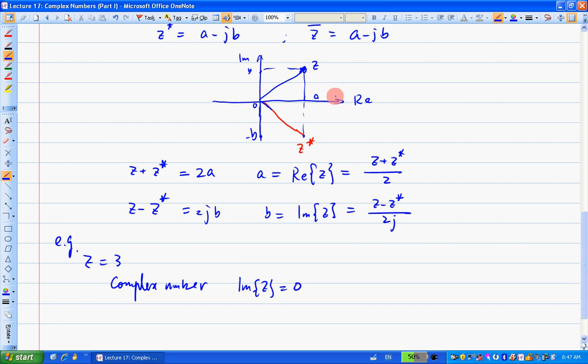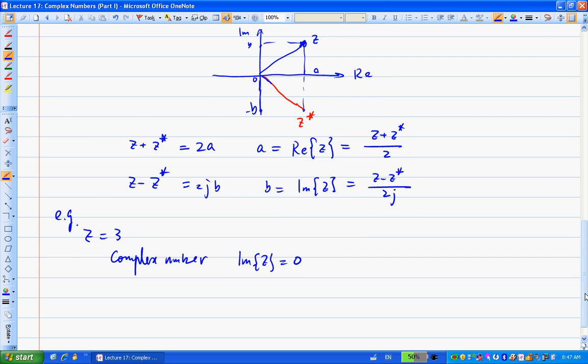So all the real numbers are here, when the imaginary part equals 0. A complex number is essentially a bigger box. The complex number contains all the real numbers. When you let the imaginary part equal 0, it becomes a real number.